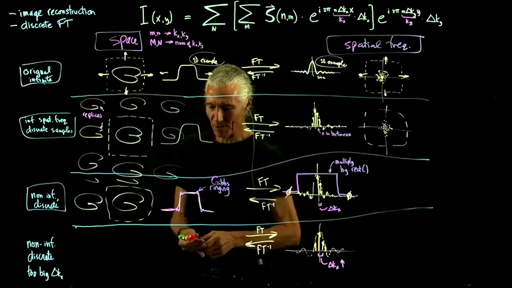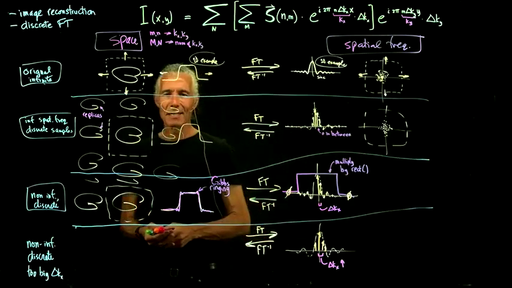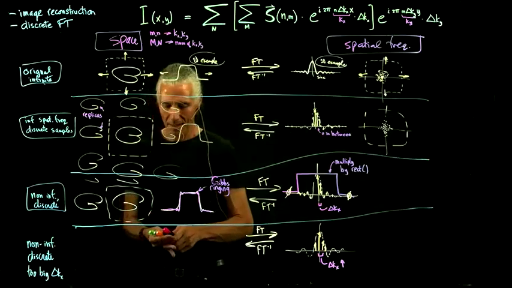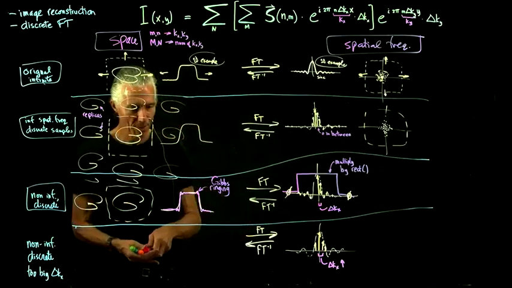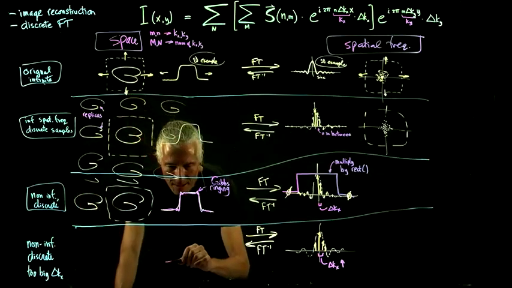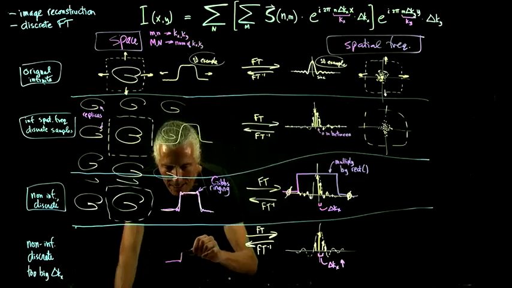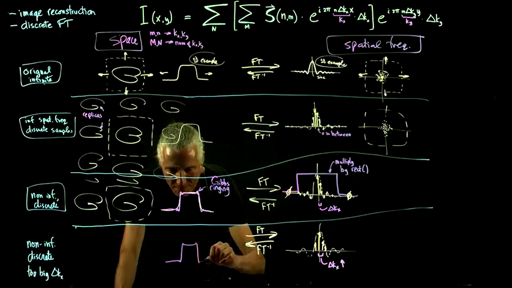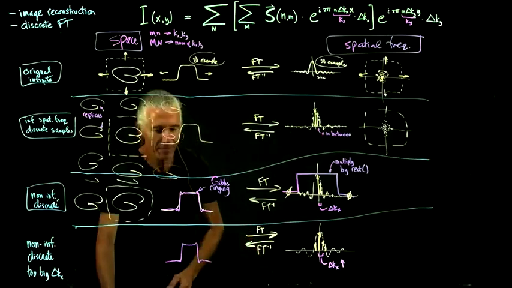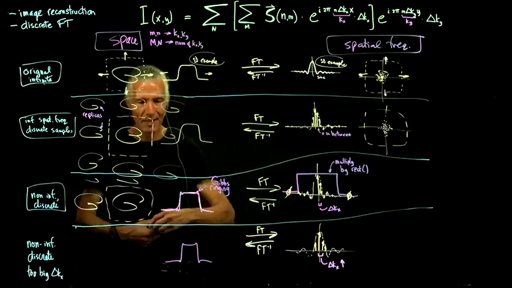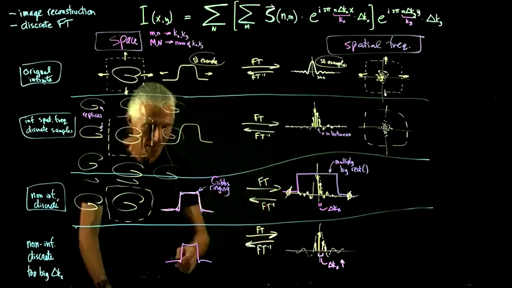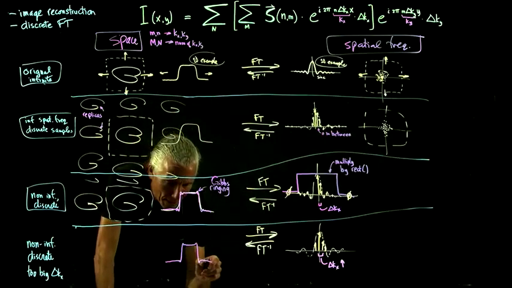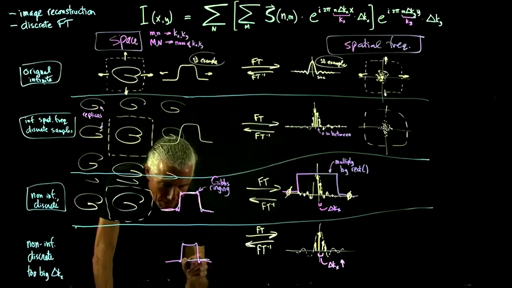When we reconstruct, the replicas intrude. So we'll have our brain here with a little ringing in it. But the problem is, we're going to get another replica, and it'll be too close in. It might be right about here.